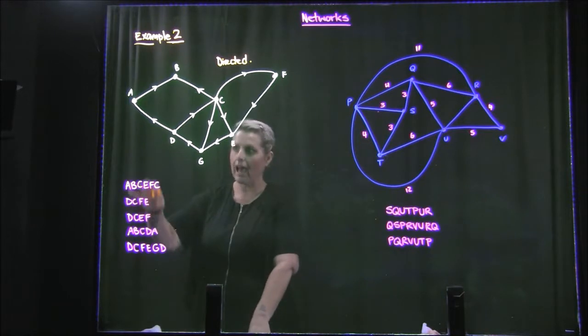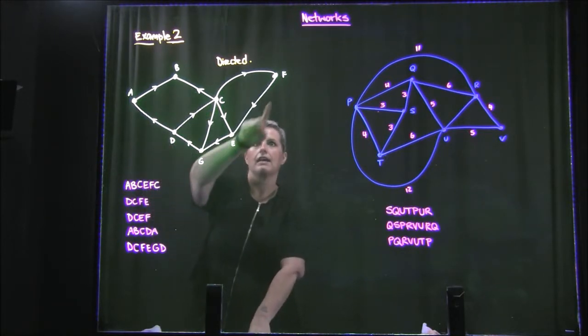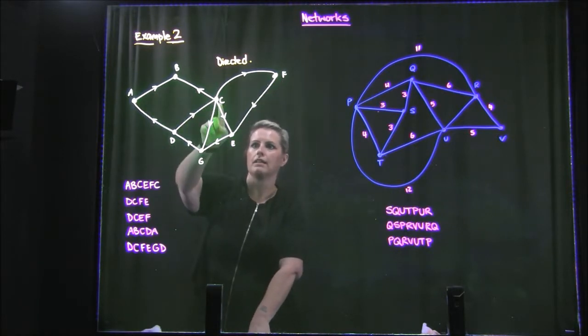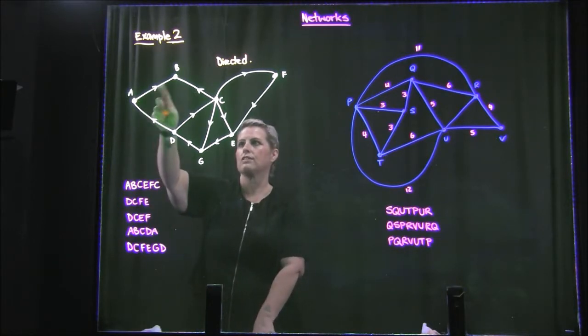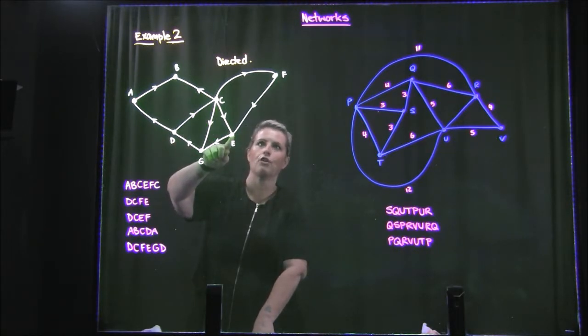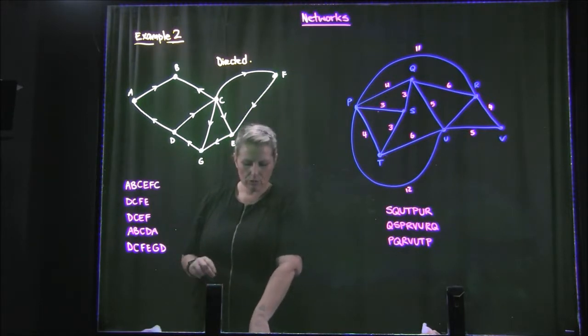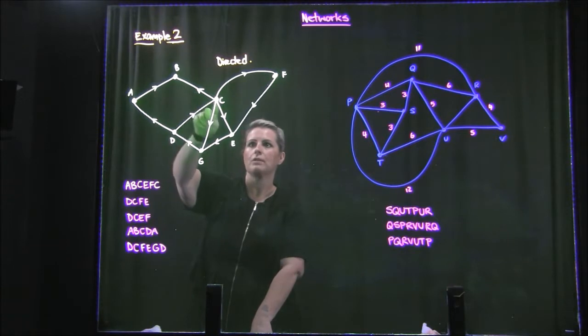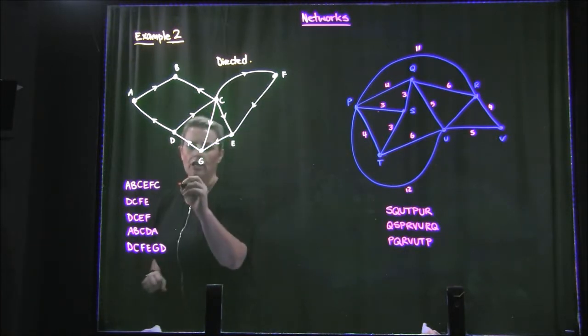Now, if we have a look at A, B, C, E, F, it connects a sequence of nodes, but the arcs are not all in the same direction. You can see this is going towards B, but this one's going the opposite way. Then it's going towards the next node, but this one's going the opposite way. It also crosses over itself, so it's not simple. Okay, so it is a chain.